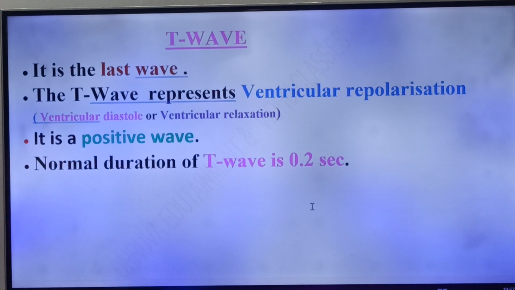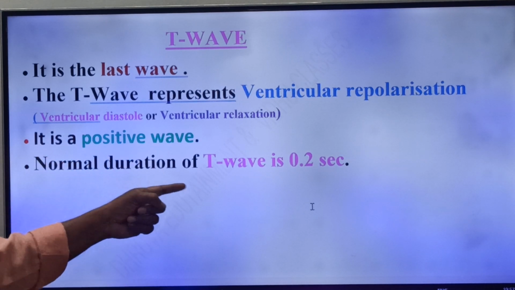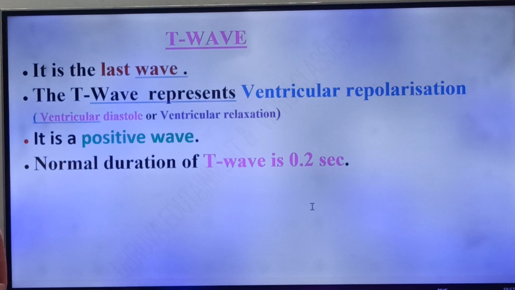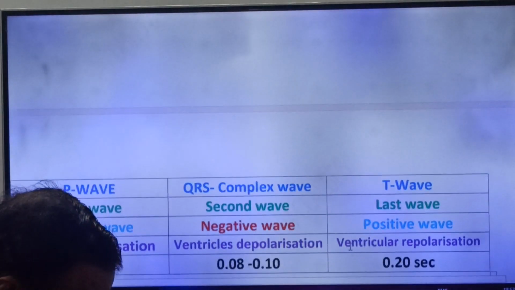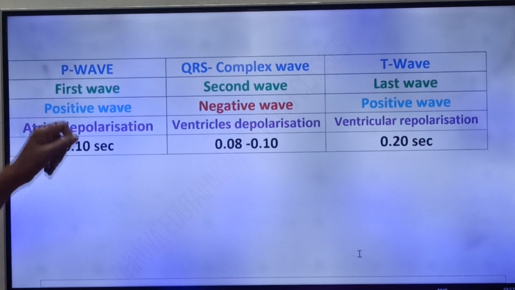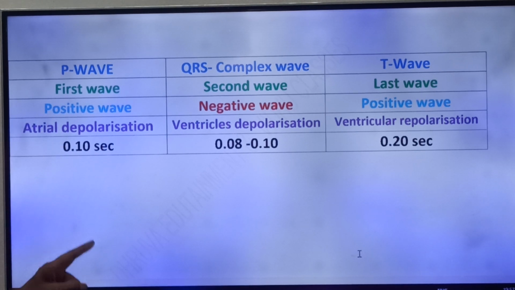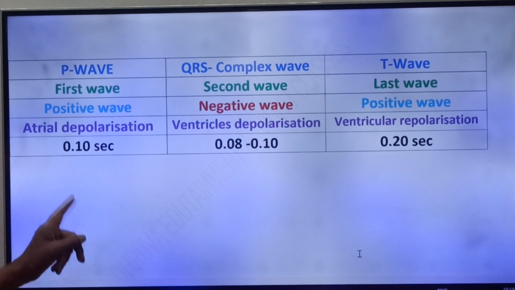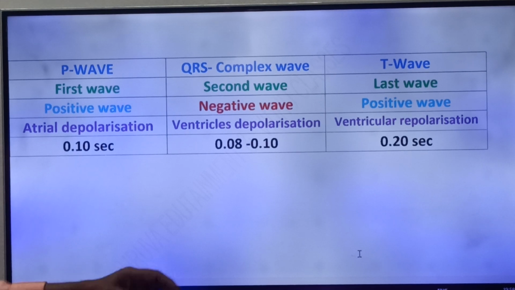Now it is a positive wave. Normal duration of T wave is 0.2 seconds. Now see the difference, friends. If you memorize this, it is enough for us. P wave: first wave, positive wave, atrial depolarization, 0.10 seconds.